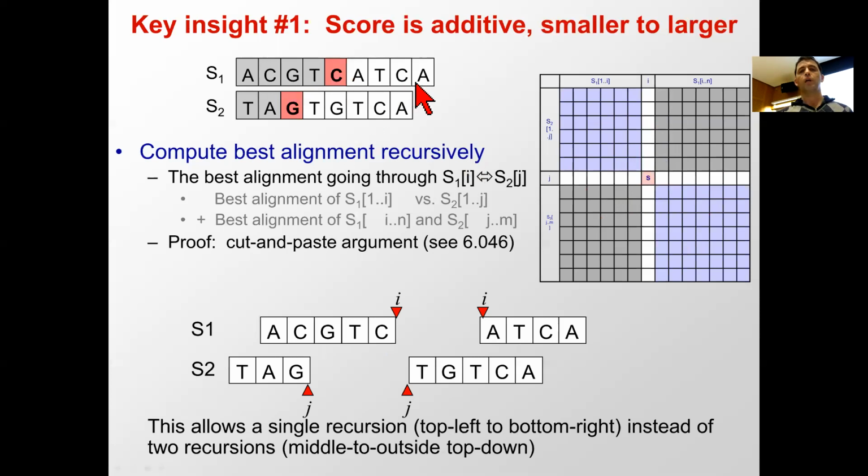Therefore, if I were to write a top-down program, the same way that I did for Fibonacci, I would need to compute an exponential number of subproblems. But if you look at this 2D parameterization, there's only a finite number of subproblems. It's all the ij points that I'm crossing through, okay? So basically, for every alignment, I have to go through some pair of nucleotides that are aligned, and there's only n times m pairs.